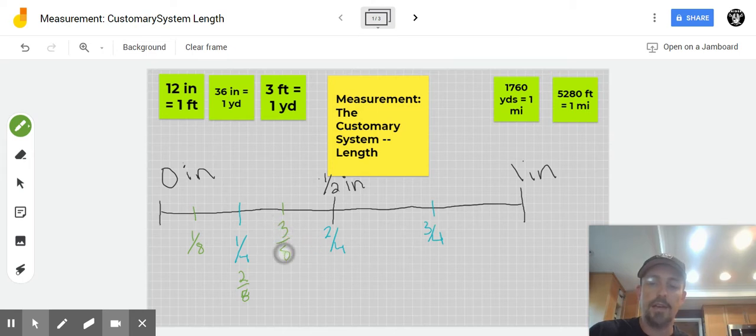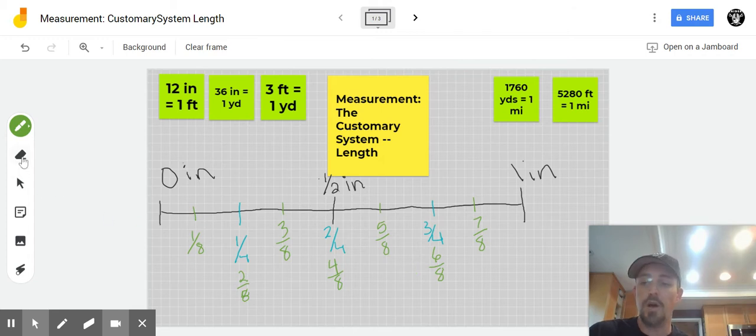You could have half of an inch, which is 4/8, right? Equivalent fractions right there. Okay, you can end up with 5/8 of an inch. You can have 3/4, which is 6/8 of an inch. And you can have 7/8 of an inch. And then of course 1 inch equals 8/8 of an inch.